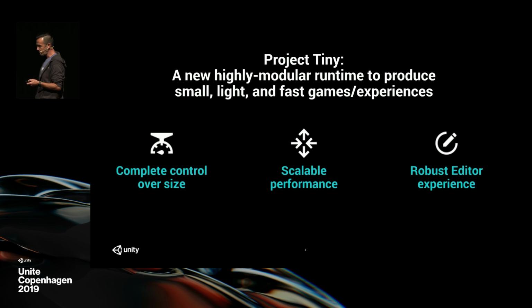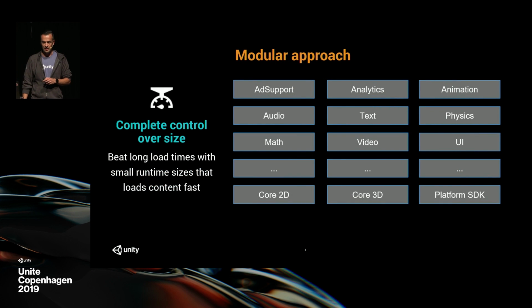So let's start first with the complete control over size. The current Unity engine and runtime is really, really powerful, but it also packs all the features into one monolithic runtime, which is great when you use all those features, but also carries some unnecessary binary footprint when you want just a part of it.